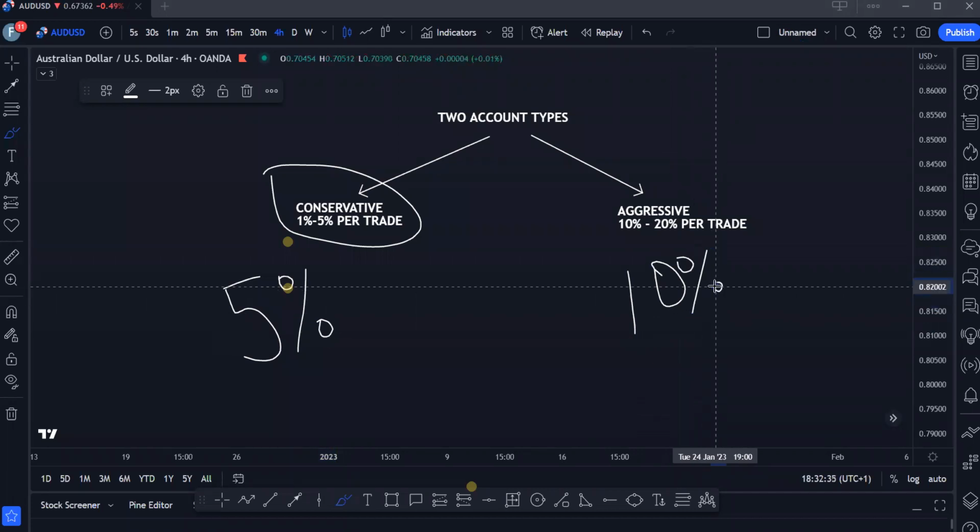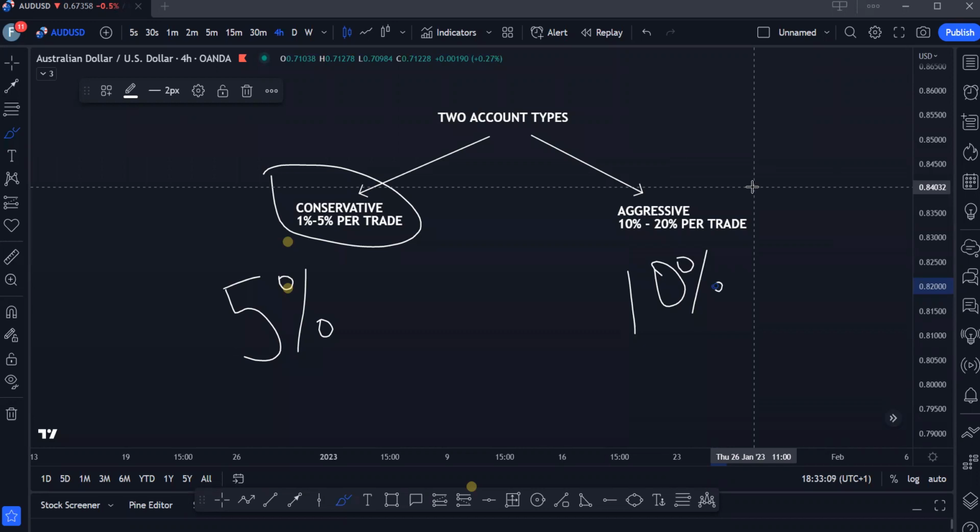Now, if you are risking 10% per trade on an aggressive account, for you to completely blow that account, you need to lose 10 trades consecutively. To blow an account that you are risking 10% on, you need to lose 10 trades back to back.